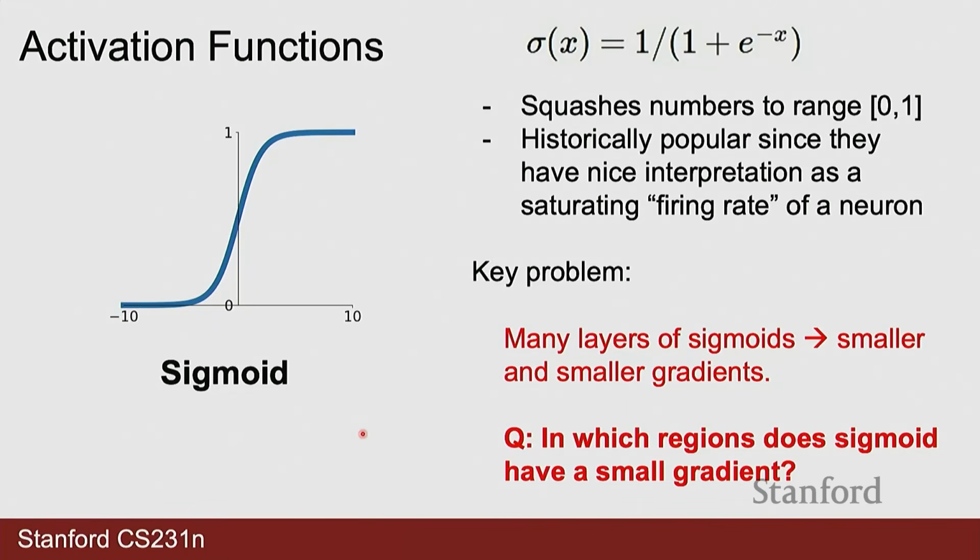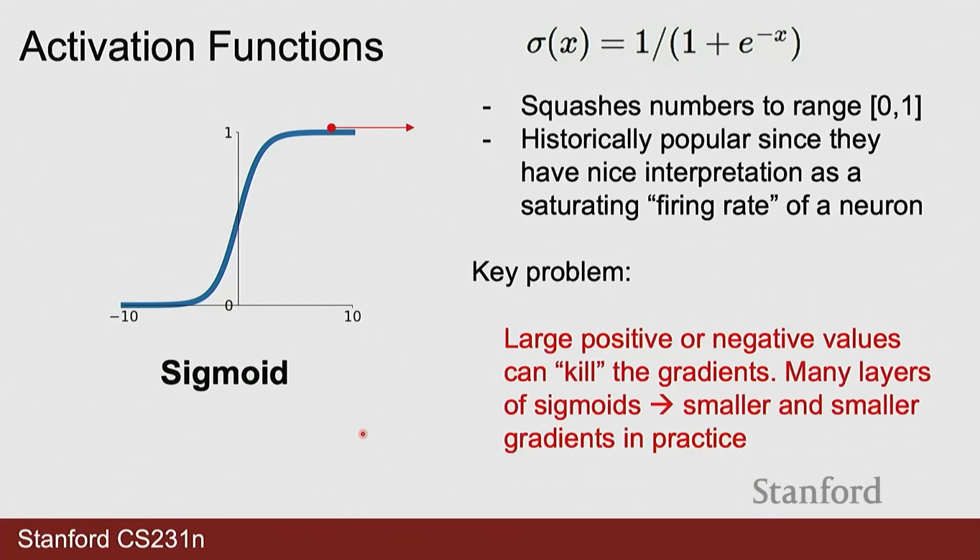So I'll open this question up to the class. This is a phenomenon we see with sigmoid. In what regions of our graph does sigmoid have a really small gradient? Yeah, so very negative and very positive values is correct. And this is actually a huge issue. You can visually see in the graph the gradient's very flat. You're taking the derivative here, it's very small.